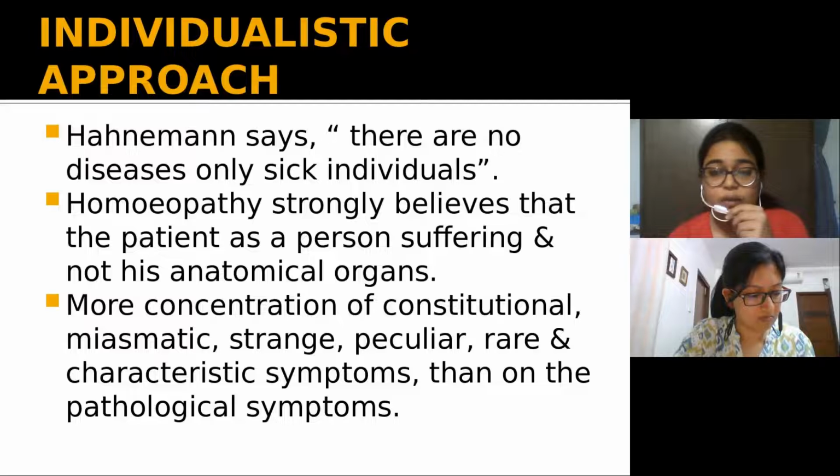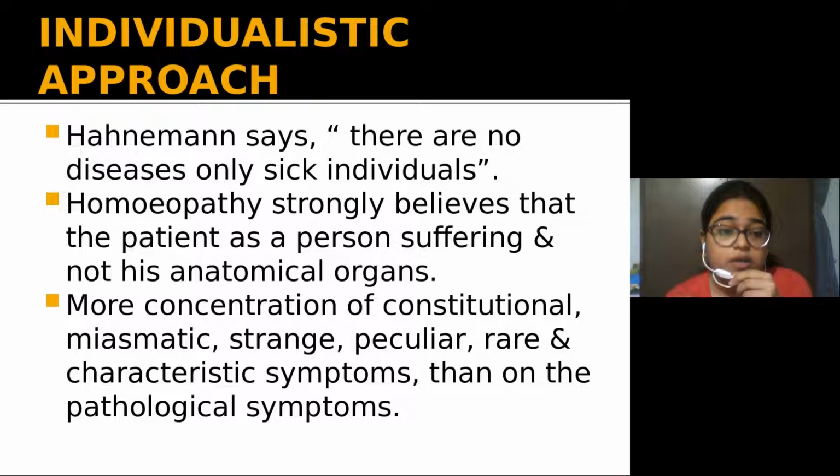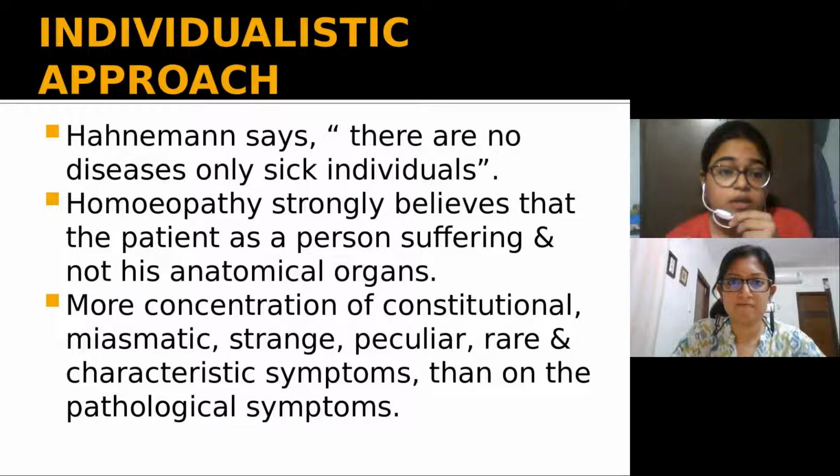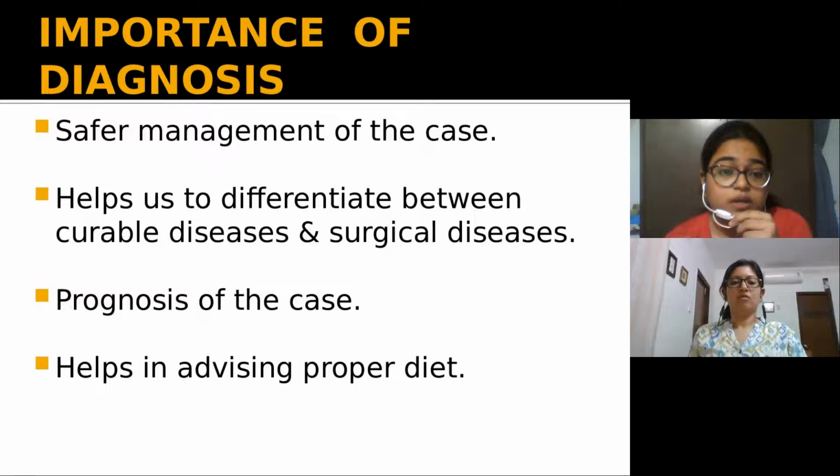We know what the pathological symptoms will be. But the peculiar, rare, strange symptoms differentiate one person from another, and will differentiate that person from everyone. So we should put more concentration on those symptoms: the constitutional, miasmatic, strange, peculiar, rare, and characteristic symptoms. That is the individualistic approach.